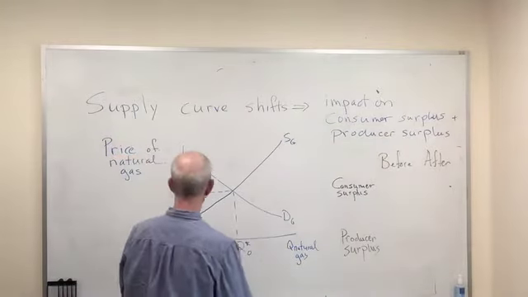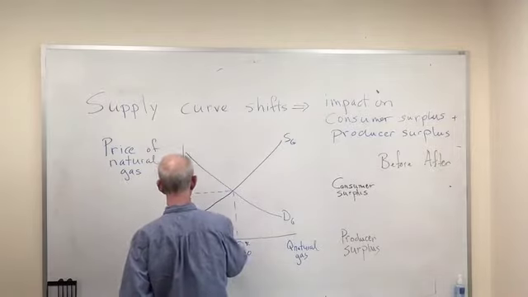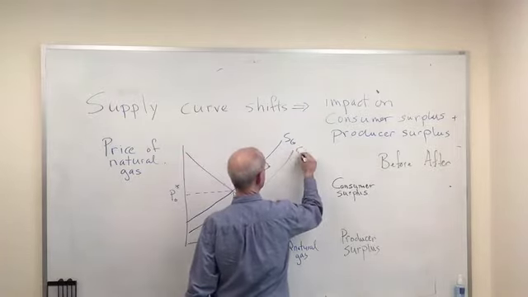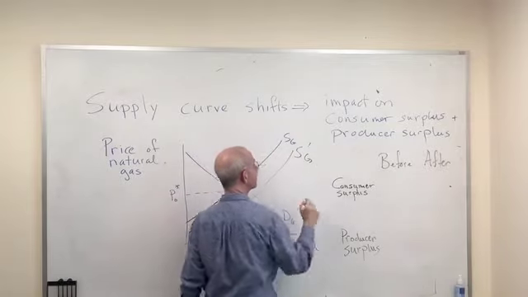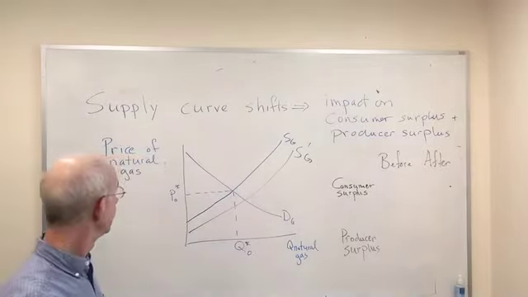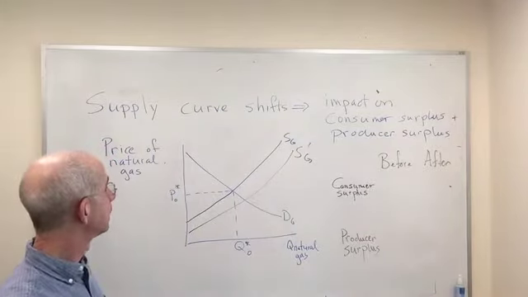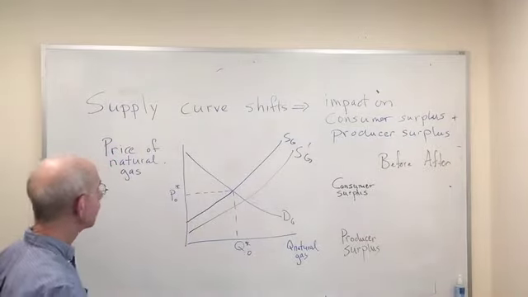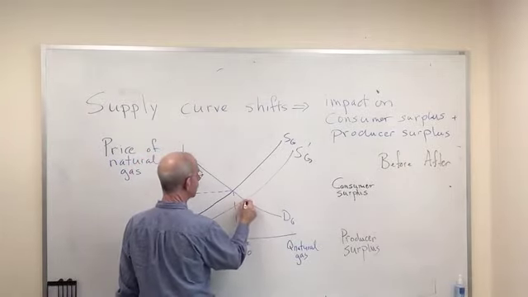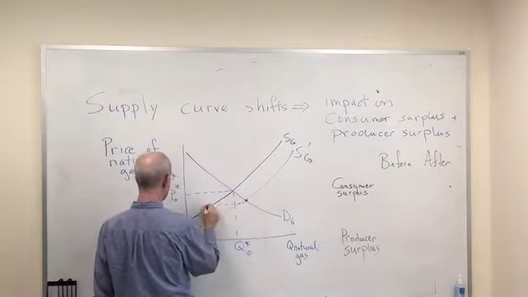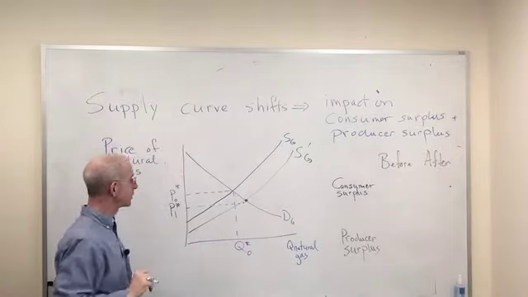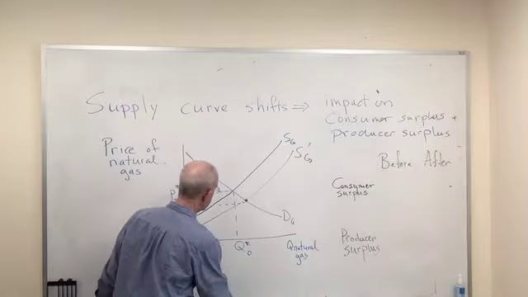And I'm going to depict that by just a simple shift in the supply curve, drawn with this black line. Now, as we've talked about before, it's pretty clear that you're going to have a decrease in the price of this good.